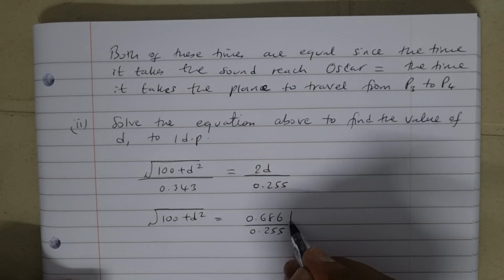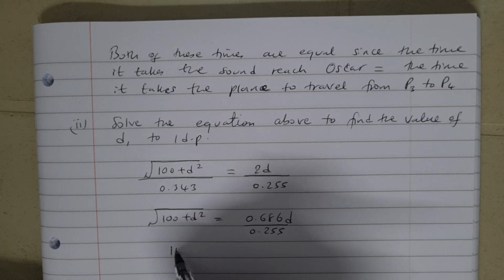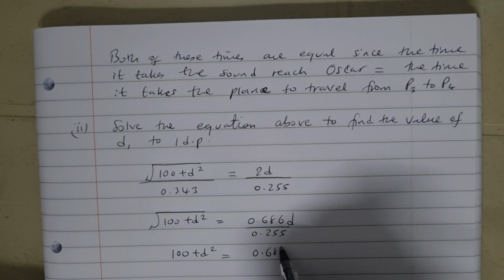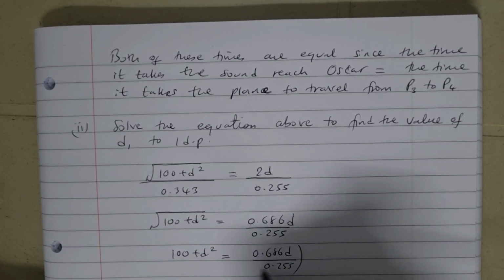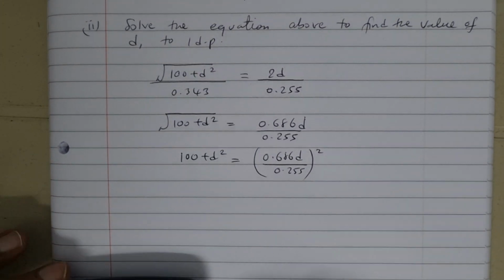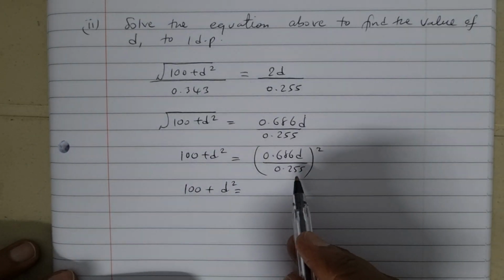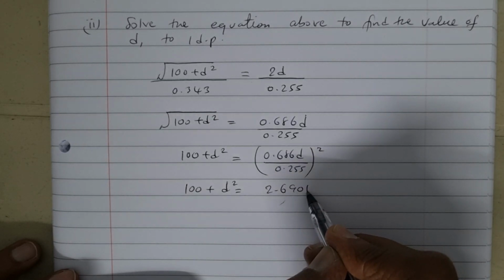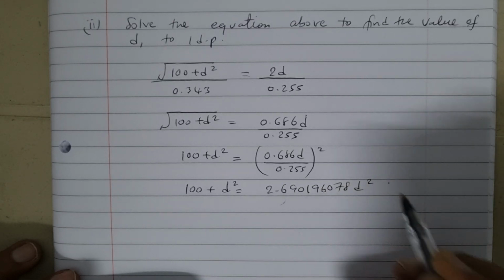So there's a d here. I've got 100 plus d squared. If I remove the square root, I get 0.686 d over 0.255, all of that squared. So let's see, where do we go from here? 100 plus d squared is equal to 2.69916078 d squared.